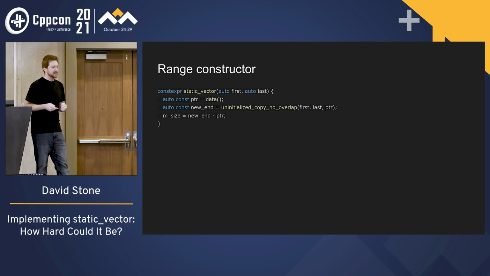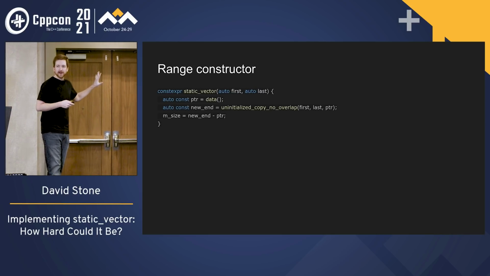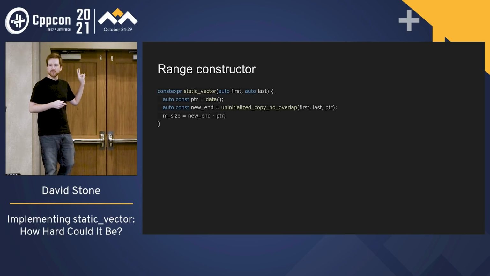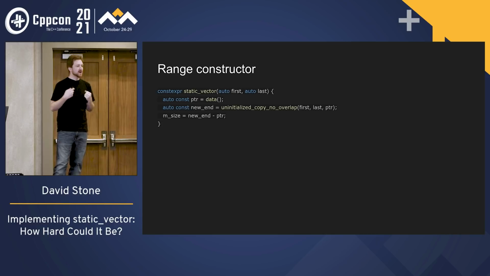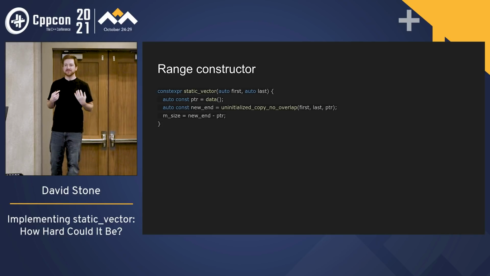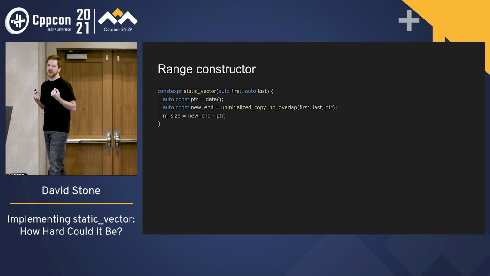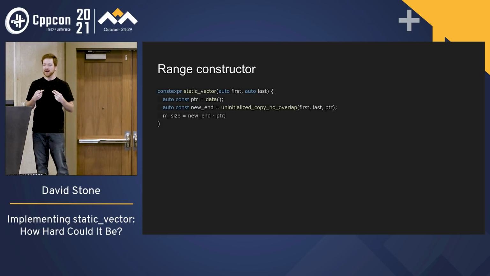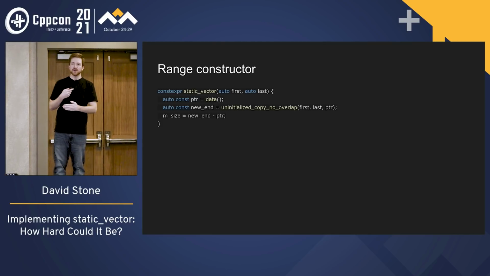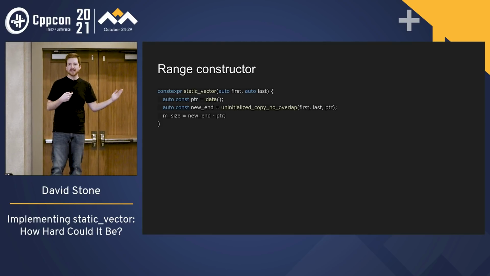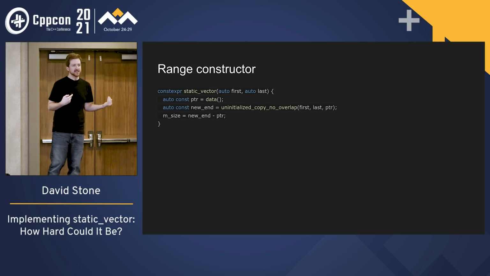Okay, so now this gets trickier. Because that range, that iterator pair that we're passing in, what if it's forward iterators? Now it's expensive to check the size. The very thing we were trying to avoid before is doing work twice. If the user has to check the size first, and they just have two forward iterators, they have to iterate over the whole range to check the size, to know whether it would fit, to know what to do.